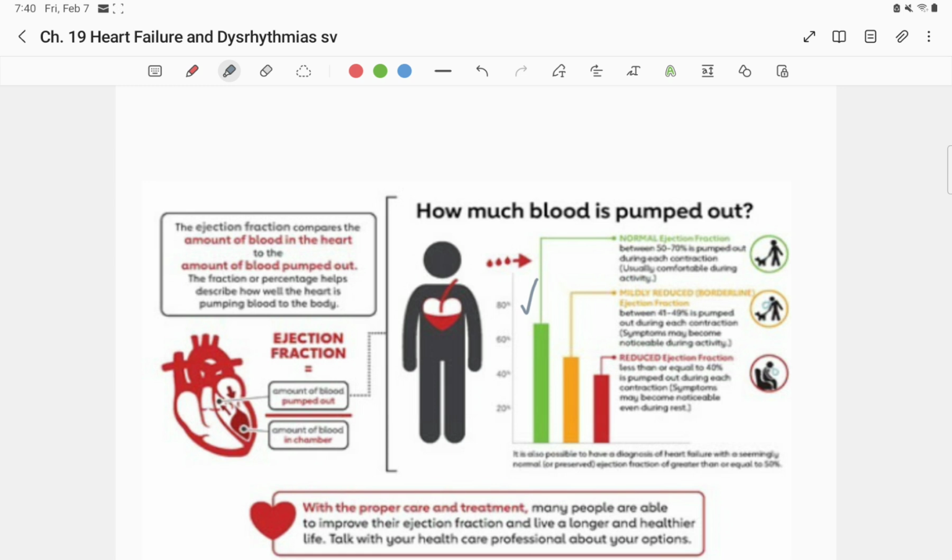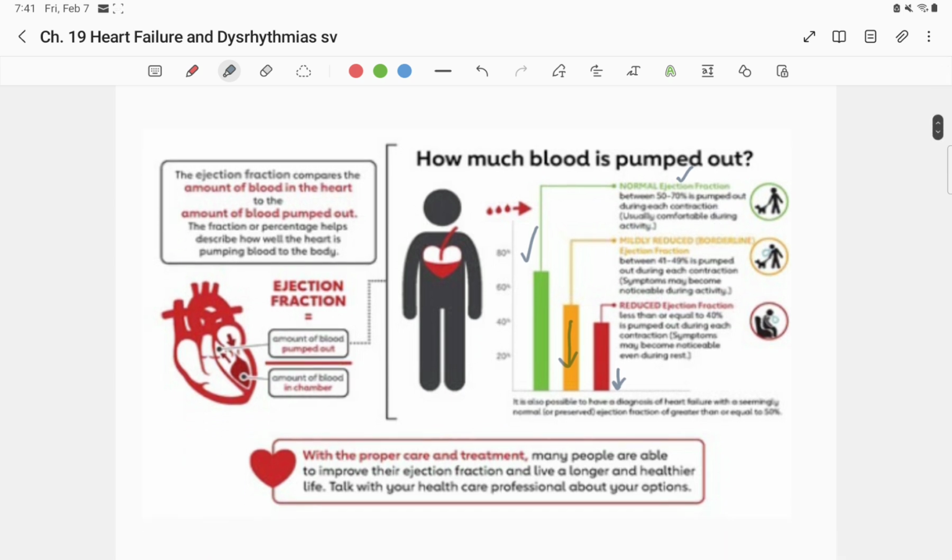As the heart starts to fail, there'll be a reduced amount of blood that is ejected, and then it can get really low. So that's what the red is indicating. So only about 40% of blood is being pumped out with each squeeze. And so, you want to be upwards of 70%, not down to 40%.